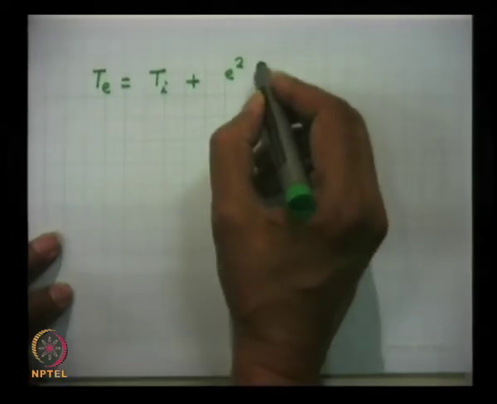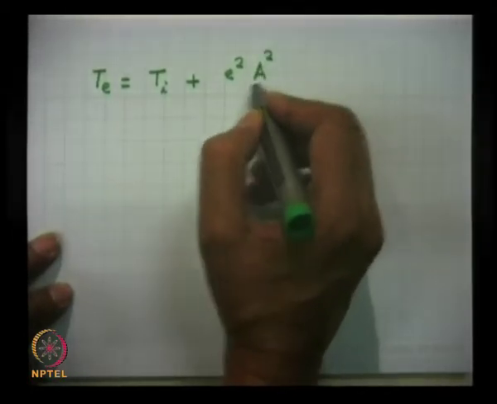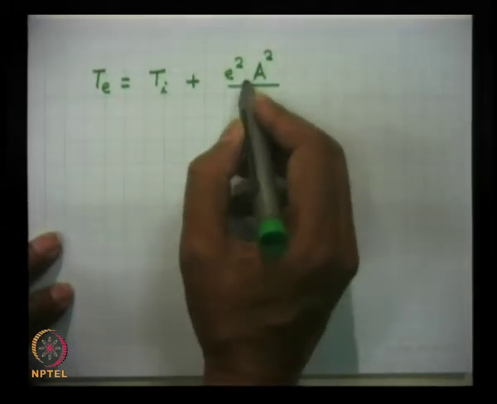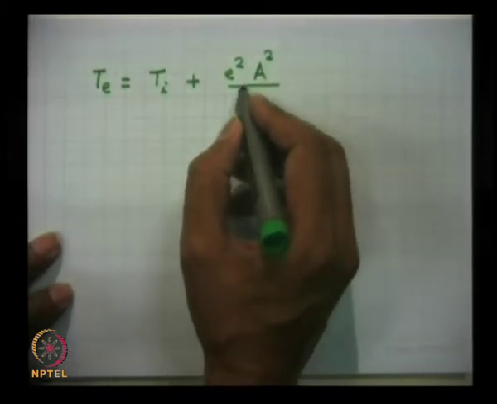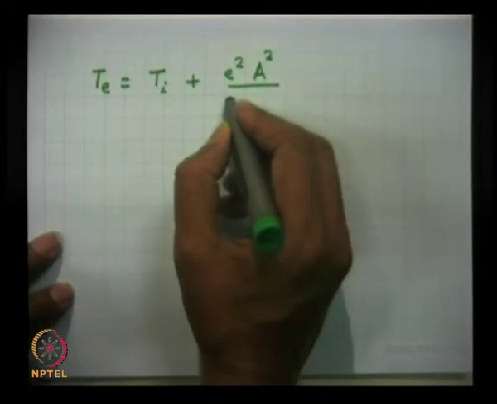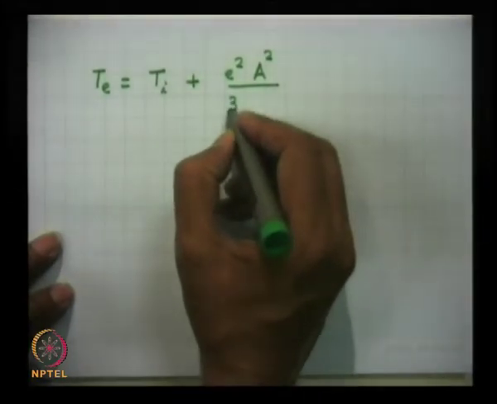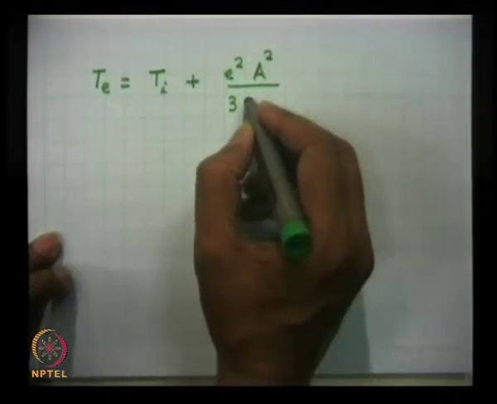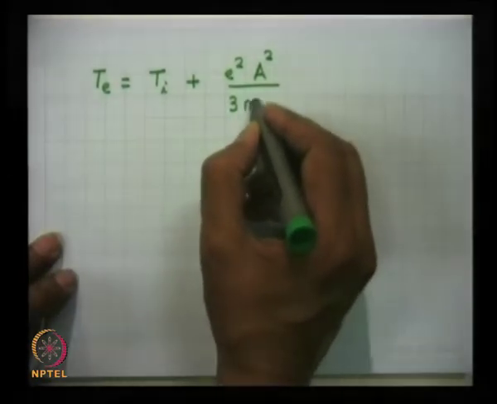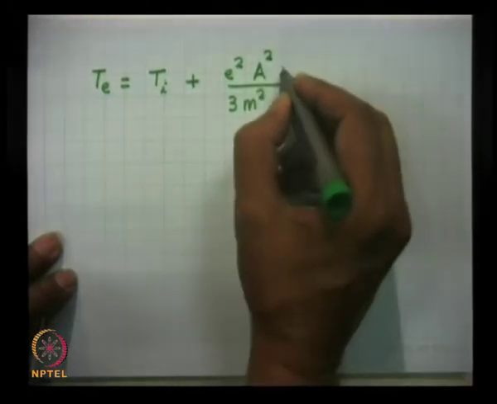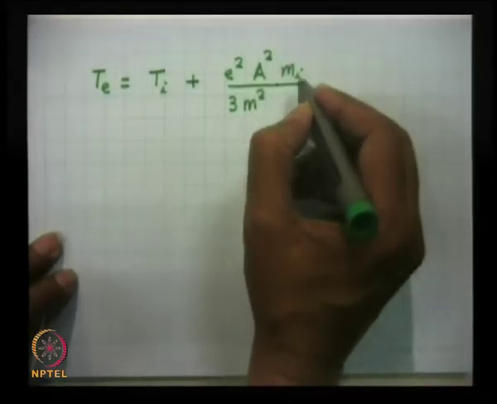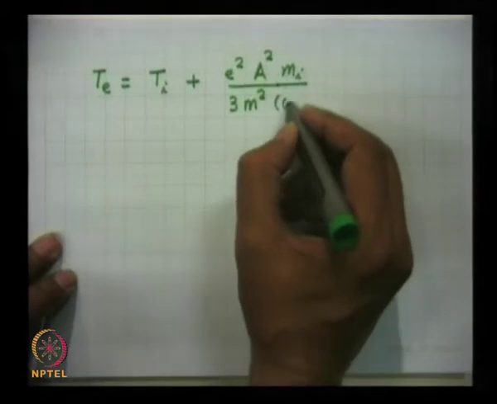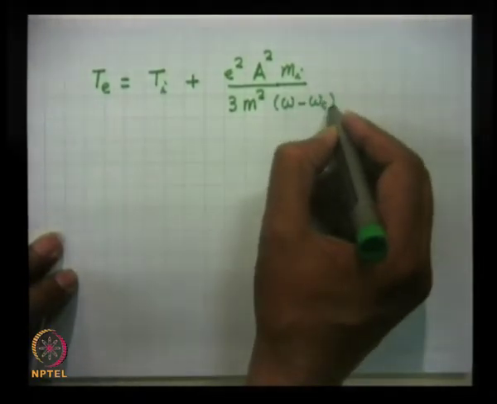It turns out to be the square of the wave amplitude A, divided by something like 3 m square m i, over (omega minus omega c) whole square.